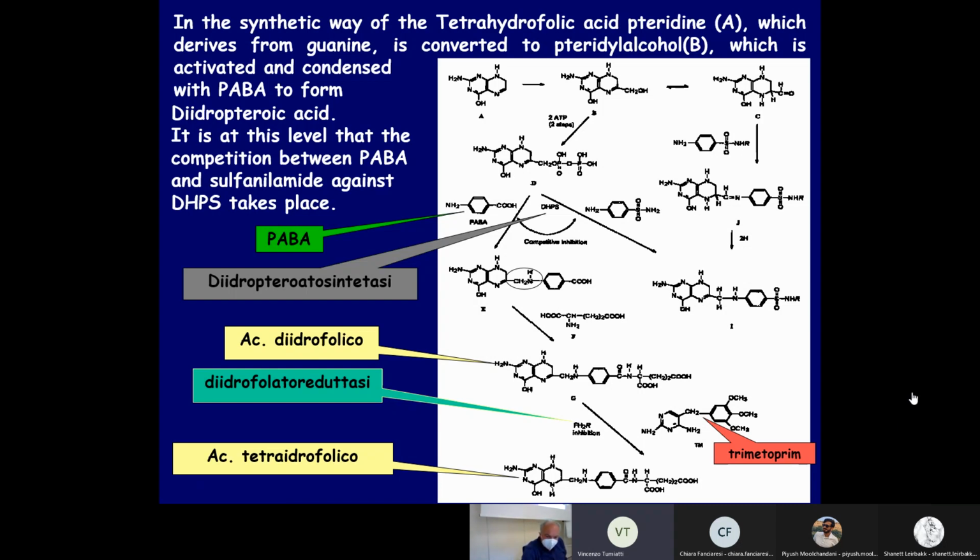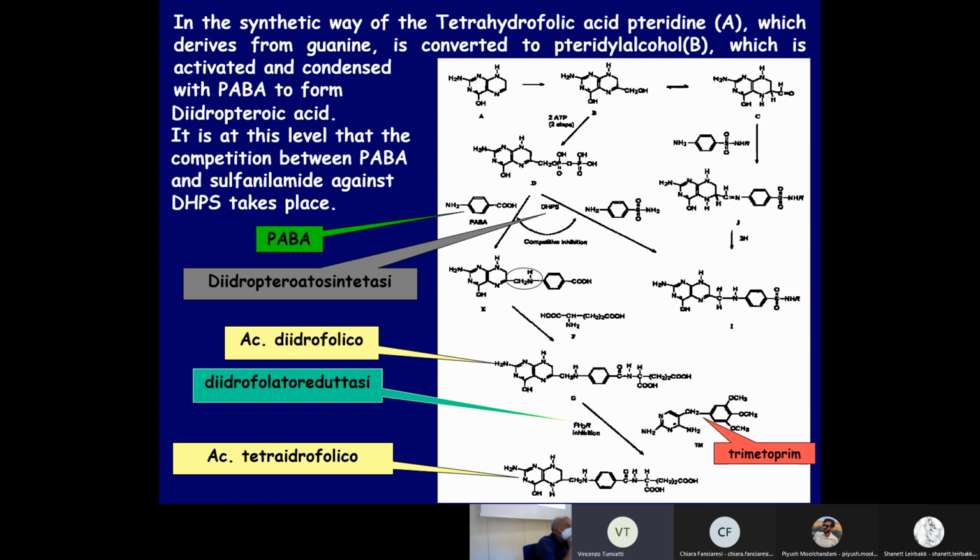Here you can see the chemical structure of trimethoprim, and this compound is one of the most potent inhibitors of this enzyme. This means that these compounds are able to block the formation of the tetrahydrofolic acid, which is the active form of the folic acid.